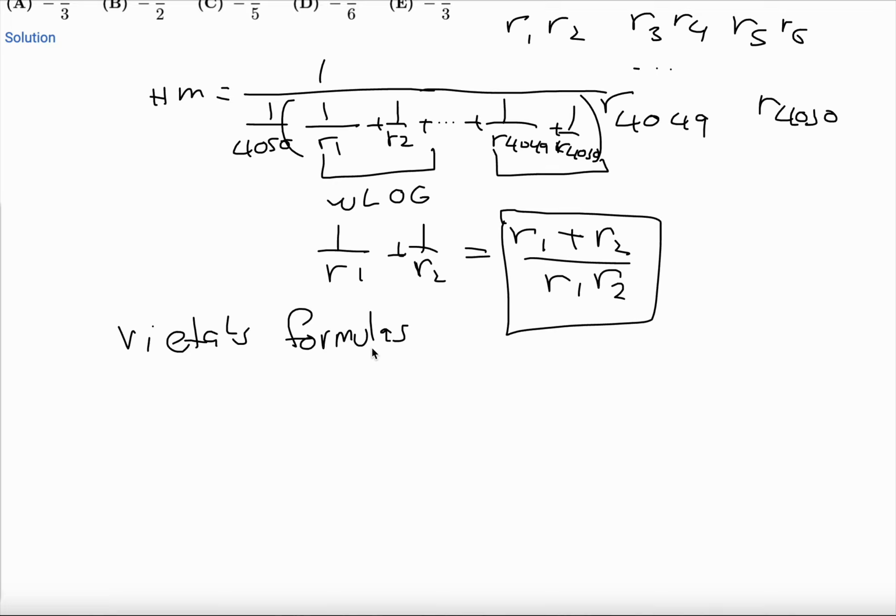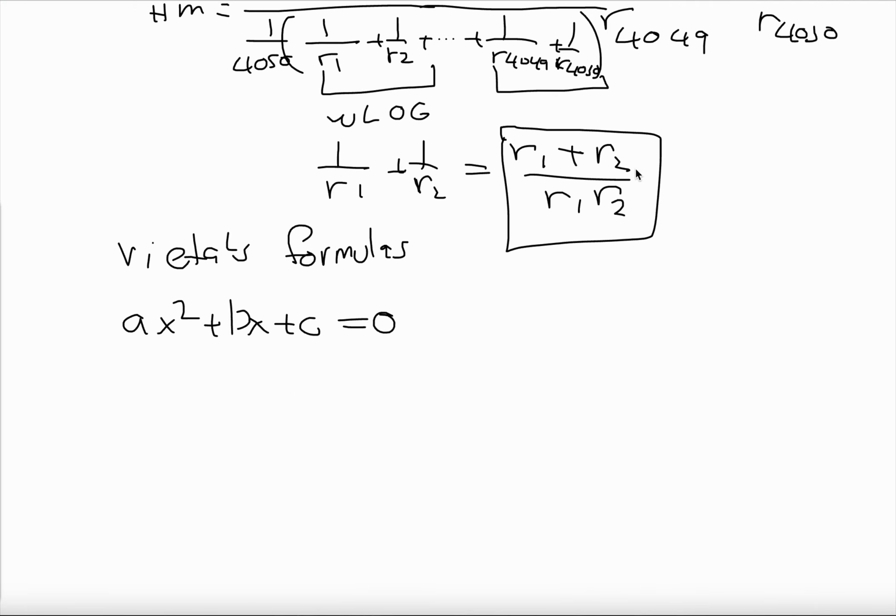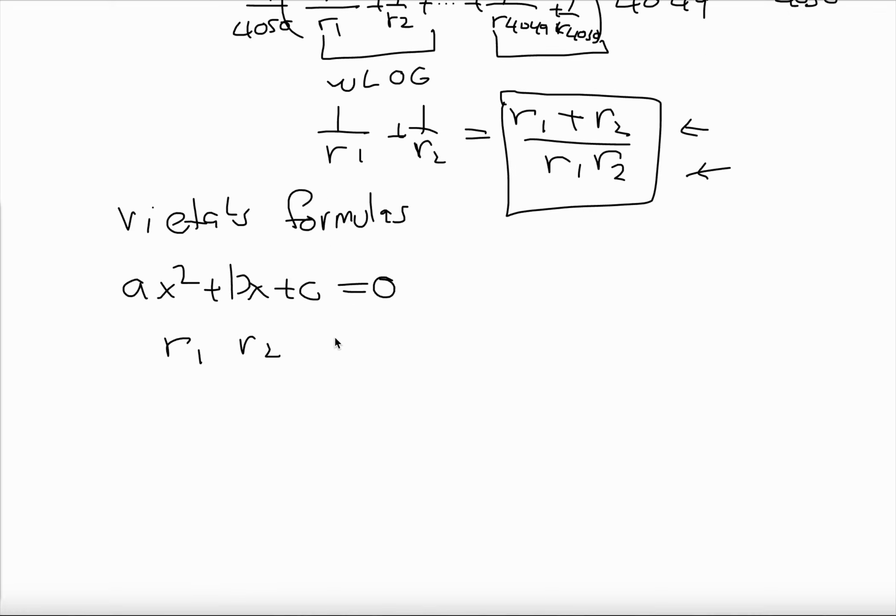Vieta's formulas, basically for quadratics, say ax squared plus bx plus c equals 0, and say the roots are r1 and r2 of this quadratic. Then r1 plus r2 is going to equal minus b over a, and r1 times r2 is going to equal c over a.